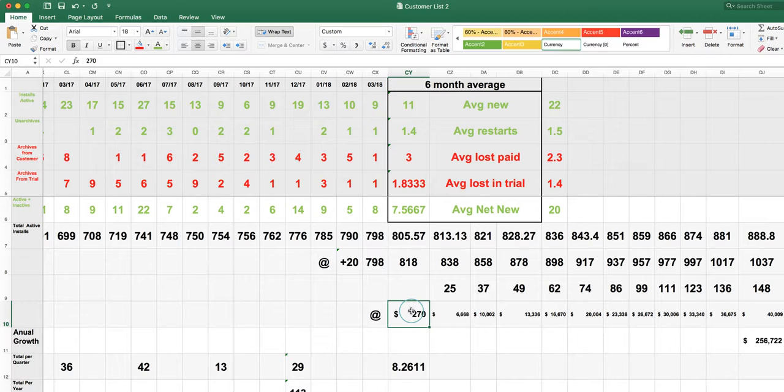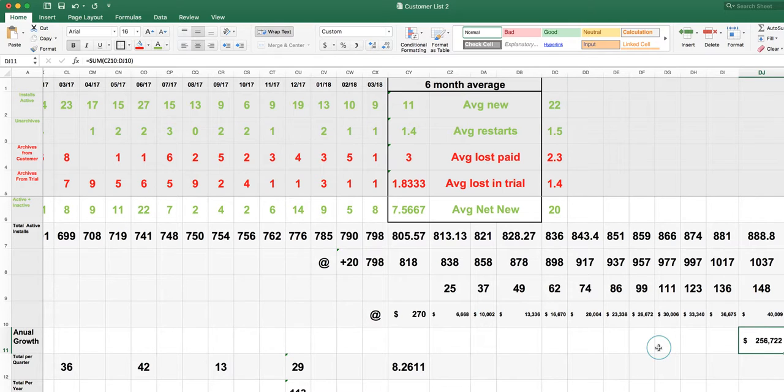And then assuming that you're getting $270 from each of these folks, then for the first 25 additional folks I'm bringing in, that's $6,000 for that month. And then that's that much for the second month, and that much in the third month. And I know this has a long multiplying effect over time, right? I get it. And maybe I need to look at it, but I just looked at it from a year perspective and said, okay, that's $256,000.